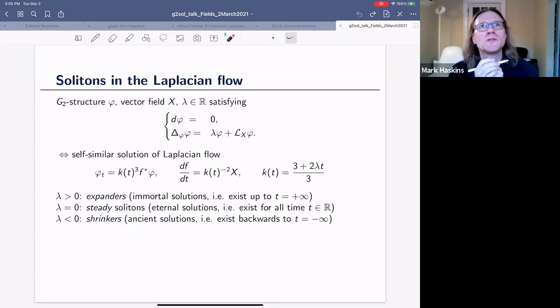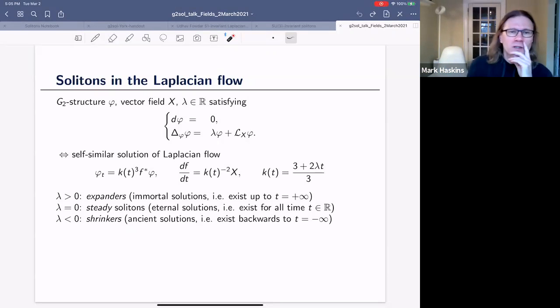In most geometric flows, the simplest models for singularity formation have come from solitons in the flow. So in the context of Laplacian flow, what we mean by a soliton is that we've got some G2 structure, a vector field, and some scalar. We want the G2 structure to be closed.